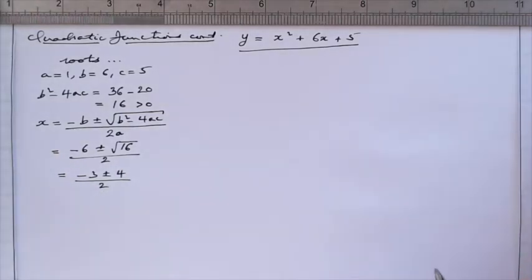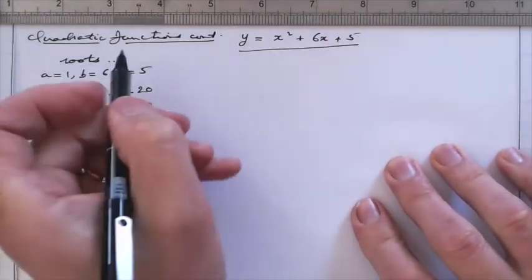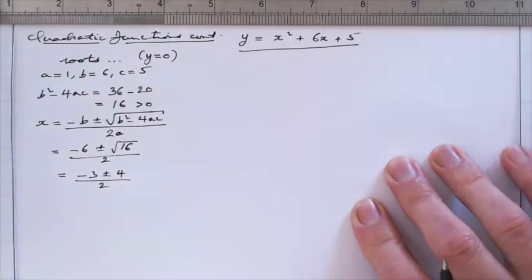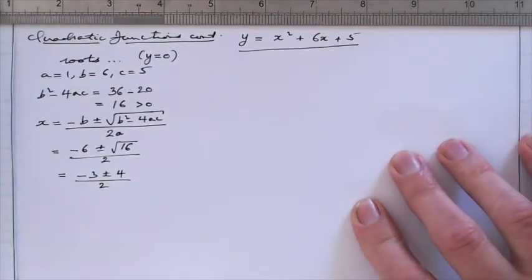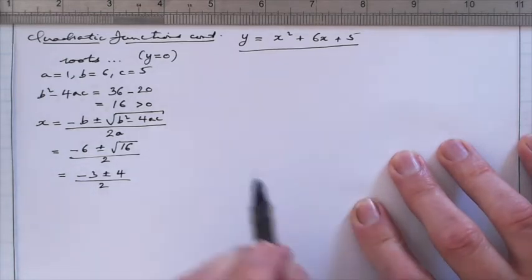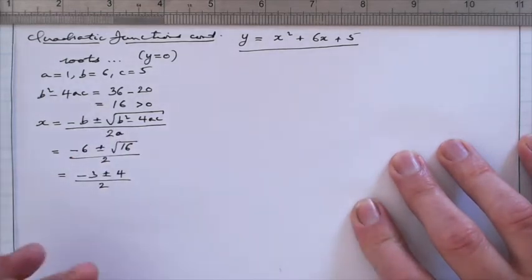Just to remind you, by saying roots we are basically asking what values of x does y equal 0. Now if you're asked to find roots and you can't see a way to factorize a quadratic equation, you can always use the quadratic formula.